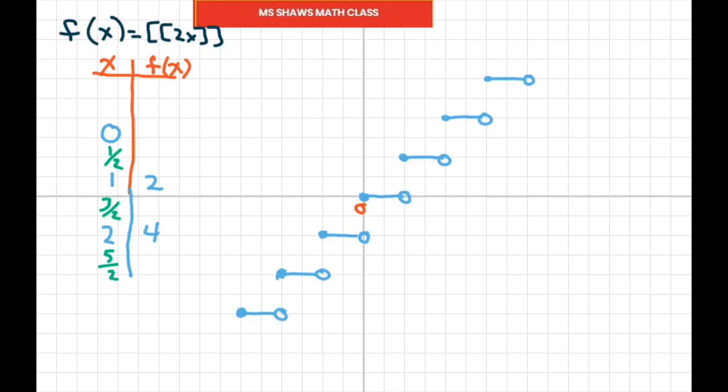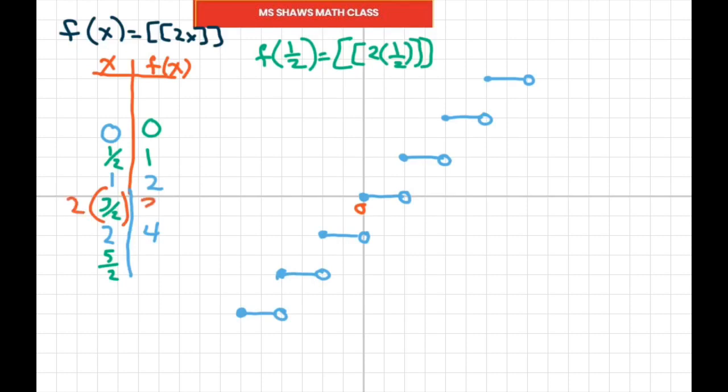So basically, when you plug in 1/2 into here, you get f of 1/2 equals the greatest integer of 2 times 1/2. And when you plug that in, you're going to get 1. So you get a 1 here. And basically, all you're doing is you're multiplying this by 2, and you get 3. You multiply this by 2, and you get 5.